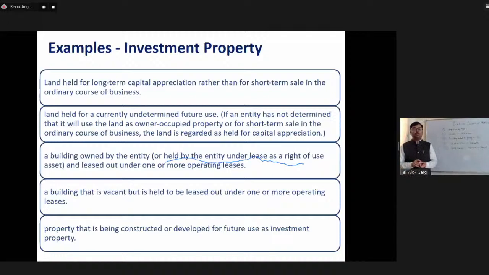The intention is not to use it for business purposes. Then what will happen? So that will be considered as an investment property. Okay. So property constructed for rental or capital appreciation will be considered as an investment property. Okay.